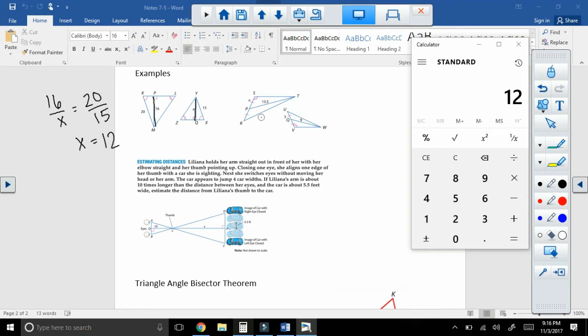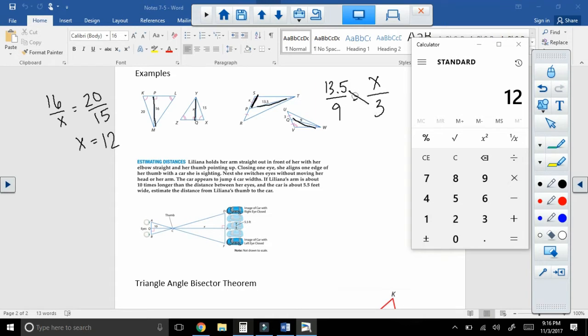For this one here, these are both the medians. So for those medians, I could say that 13.5 is to 9. And since I picked the one from this triangle first, I need to use X is to 3. And then I can cross multiply and solve that.